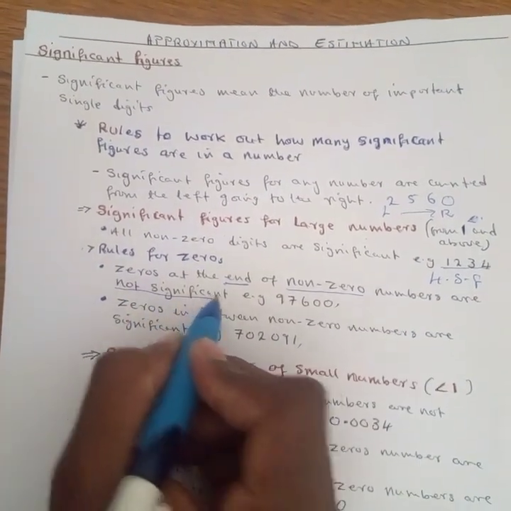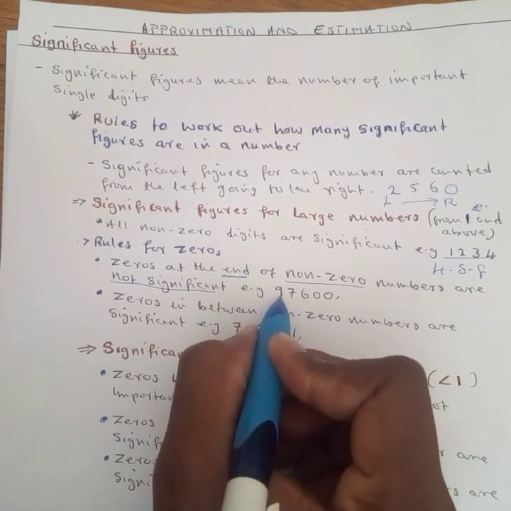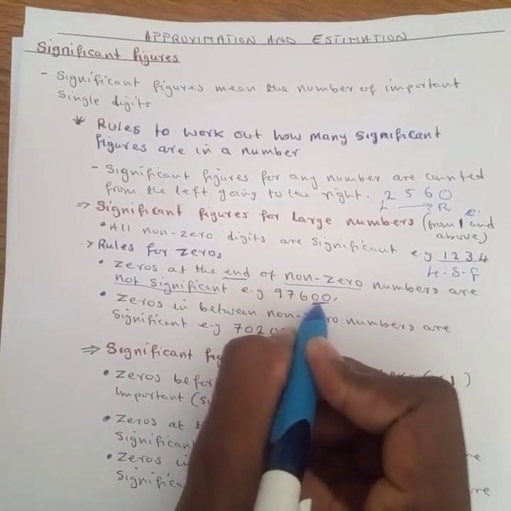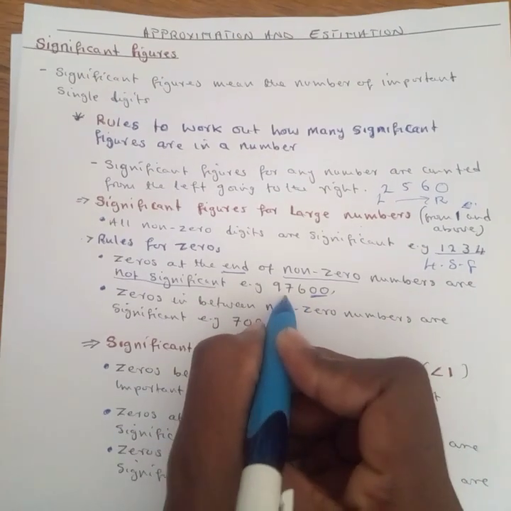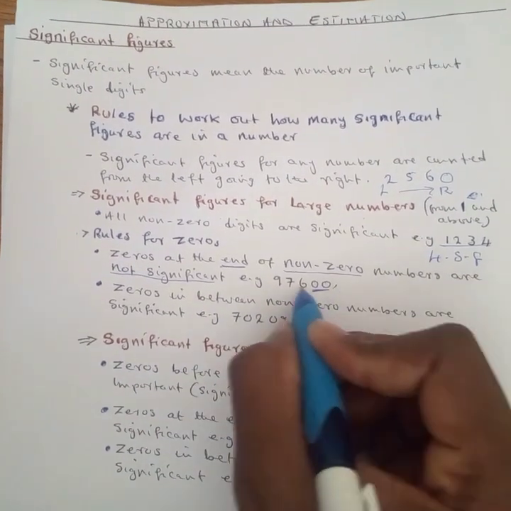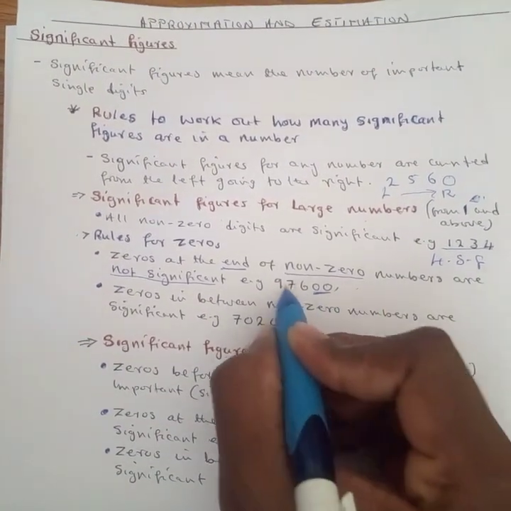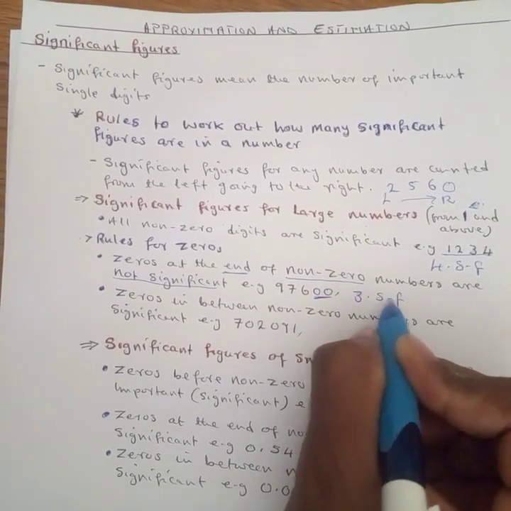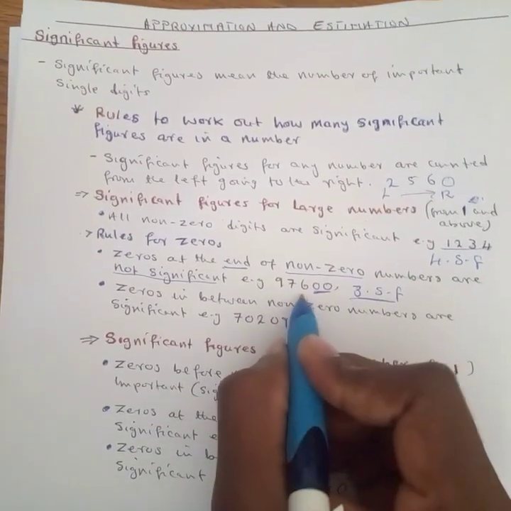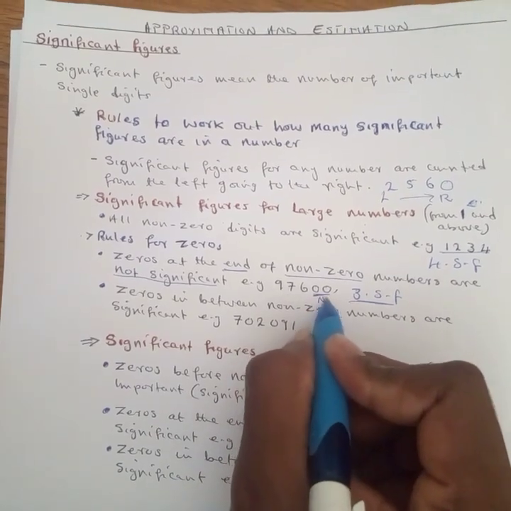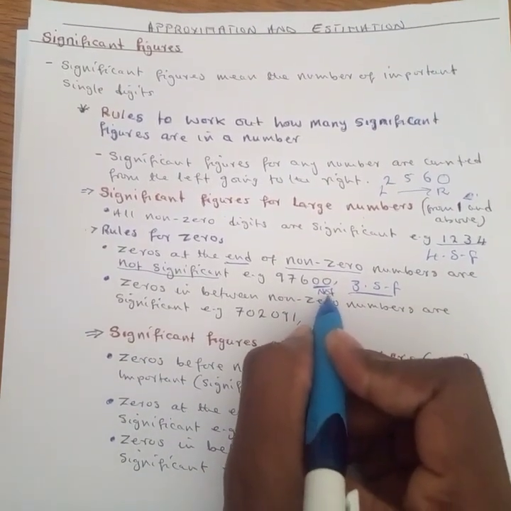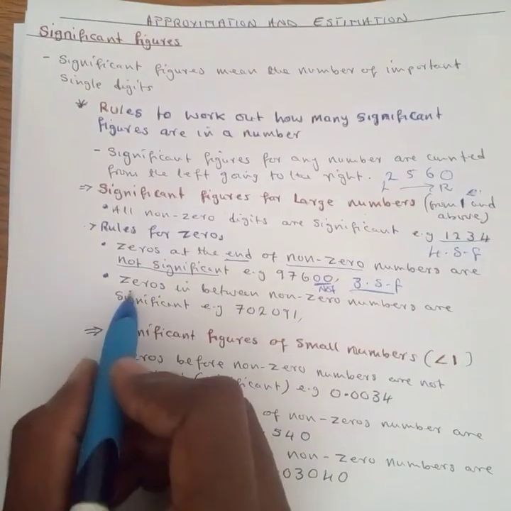In this case, we are talking of the number 97600. These two zeros are not significant, but the rest of these numbers are significant. So there are only 3 significant figures, but these zeros are not. The 0 is not significant.